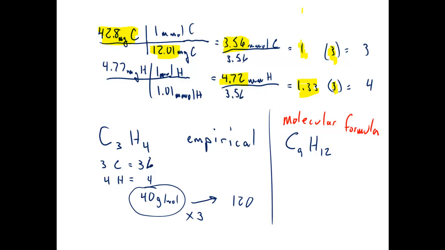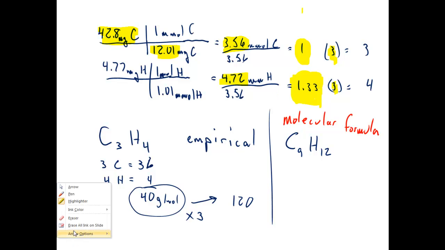3.56 divided by 3.56 gives us 1, but 4.72 divided by 3.56 gives us 1.33, which is decidedly not a whole number. So what can we multiply that by to get it into a whole number? We're looking for some small factor.